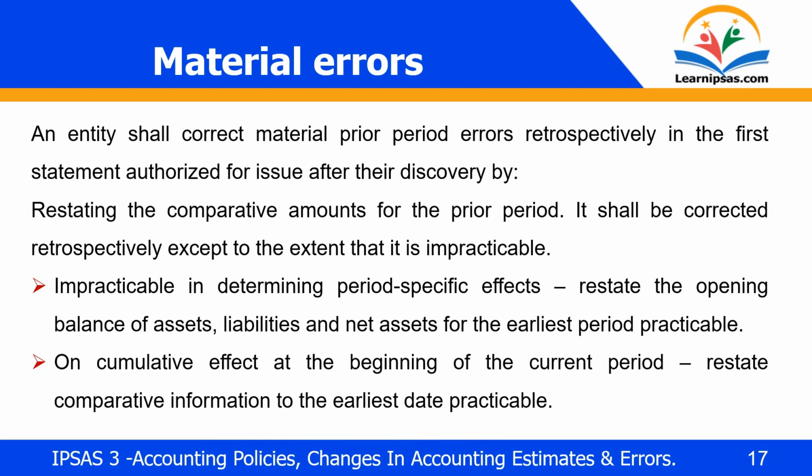You may not know what relates to which period, but you may know in the current period or in the opening balances how much of that will go. So you can apply either by restating those opening balances, or doing it as a cumulative effect at the beginning of the current period. Restate those comparative information to the earliest period.